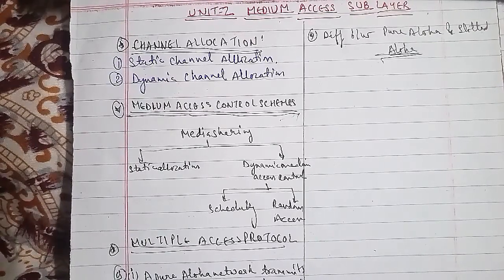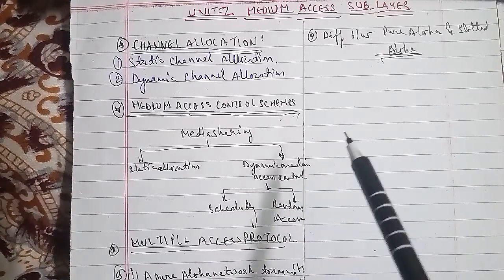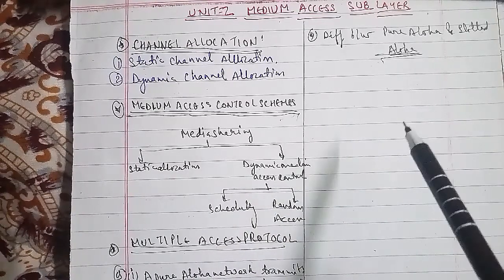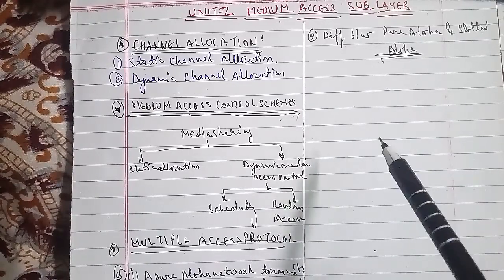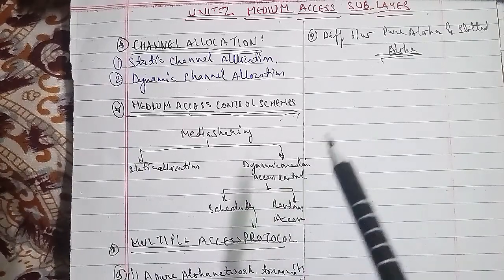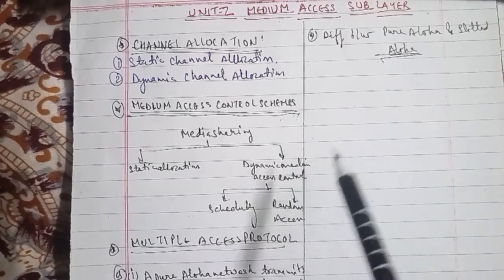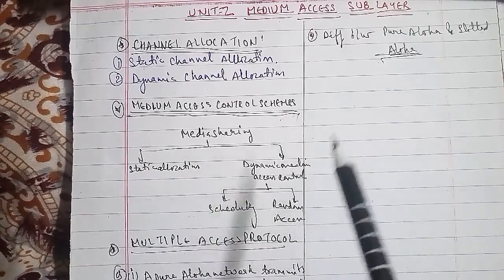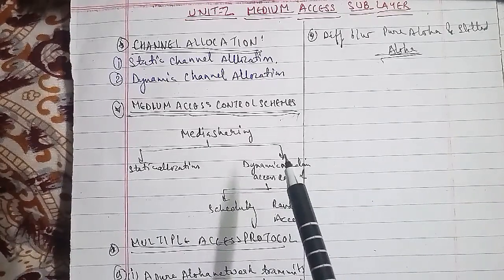With the sixth difference, pure Aloha is simple to implement, and for slotted Aloha the implementation is complex due to the synchronization of all the nodes. The seventh difference is that pure Aloha cannot be used for satellites due to its very low utilization, and slotted Aloha is used in broadcast satellites as well.